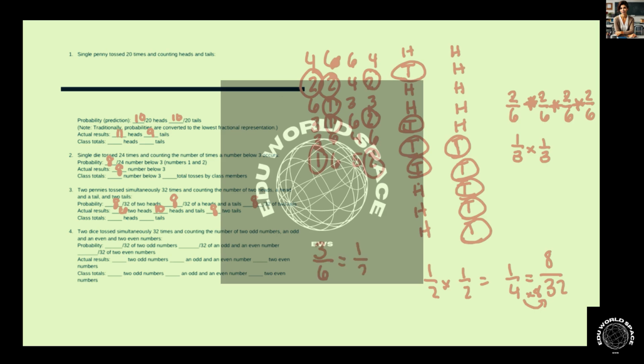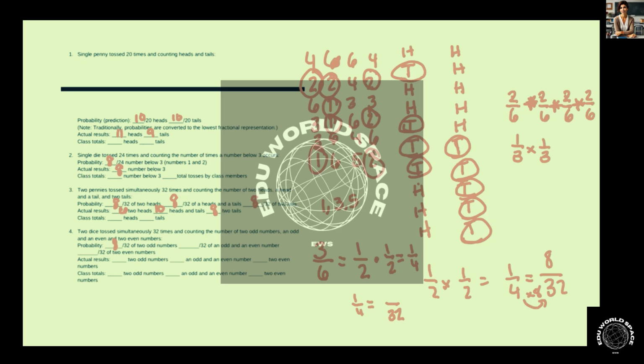So that's 1/2 because the odd numbers are 1, 3, and 5 on a die. So I would multiply 1/2 times 1/2, which is 1/4. And 1/4 is equivalent to 8 out of 32.